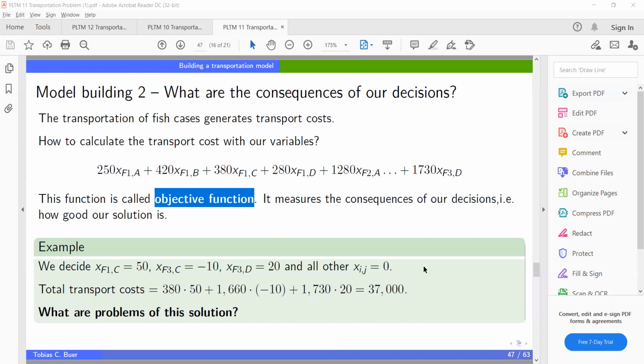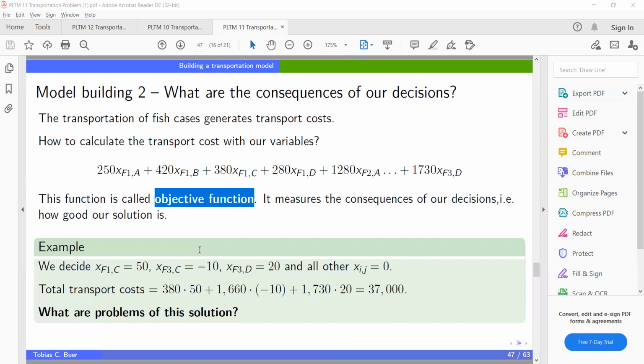Yeah, minus 10 seems a little bit strange. Yeah? Why is it strange, the minus 10? Yes, a transport quantity, you're completely right.